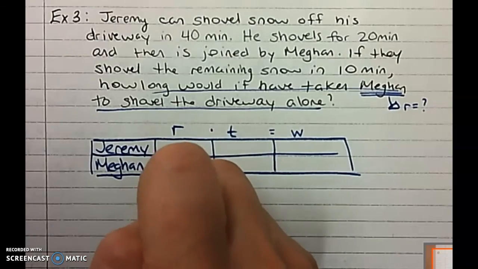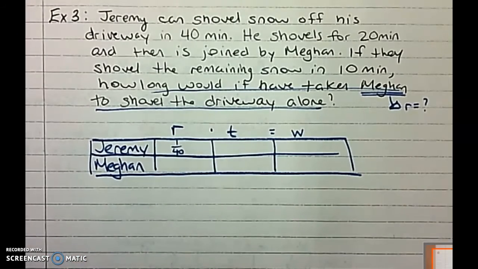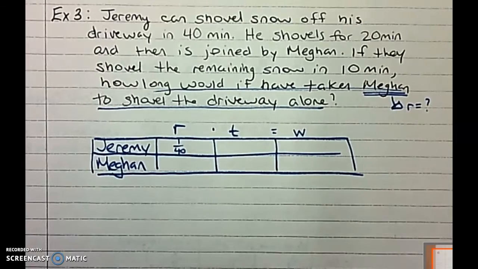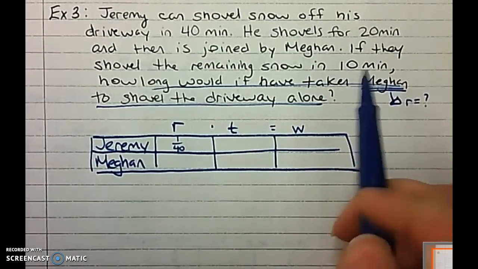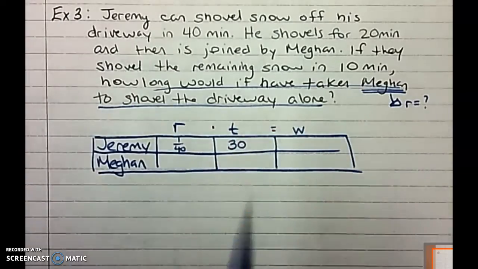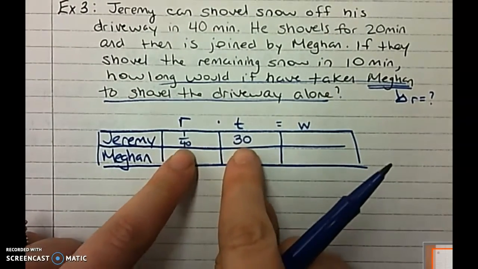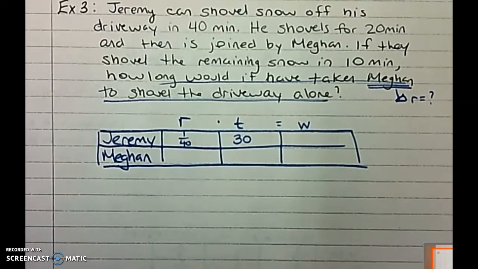So that means every minute he's getting 1/40th of the job done. He shovels for 20 minutes and then is joined by Megan, and then they get the remaining snow shoveled in 10 minutes. So think about how long was Jeremy shoveling for? 20 minutes by himself, 10 minutes with Megan. So 30 minutes. And we're going to keep that in units of minutes so that the units match up for both of them. And then Megan, we don't know her rate.